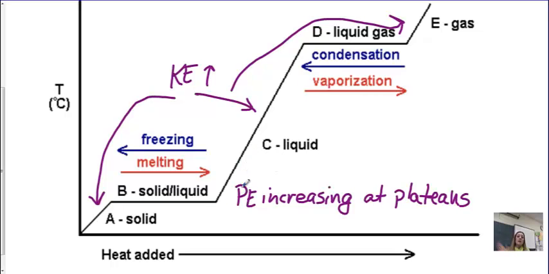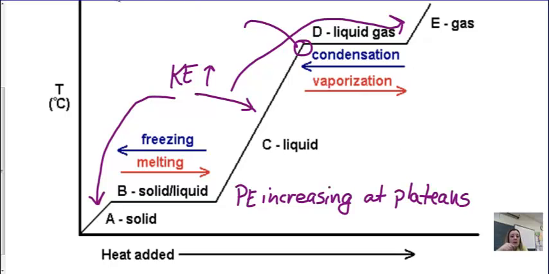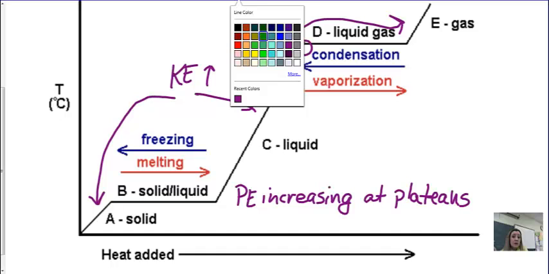Okay, at C, now it's going to be all liquid, and then once it hits, I'm sorry, not your melting point, your evaporation point. Where I circled, that's going to be your boiling point, when the liquid starts to turn into a gas.